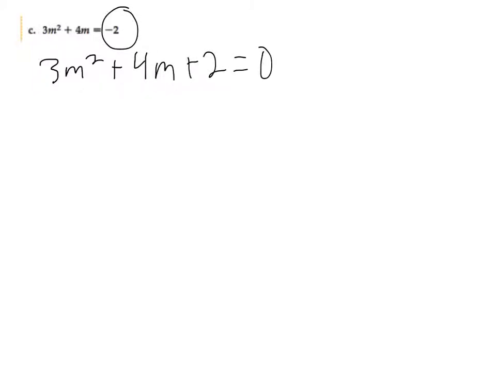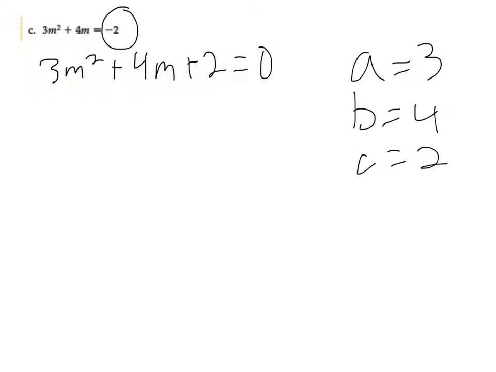Here's our last example. For this one, remember, we want it to be equal to 0. So we have 3m squared plus 4m plus 2 is equal to 0. I added 2 to move it to the other side. So A is 3, B is 4, and C is 2.